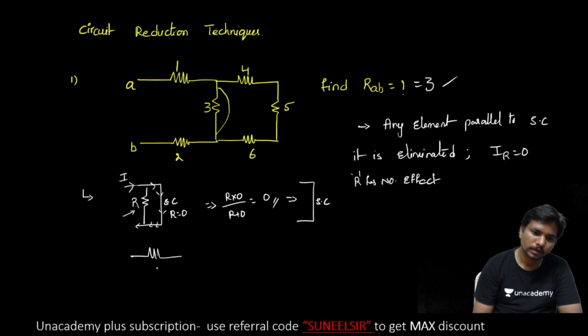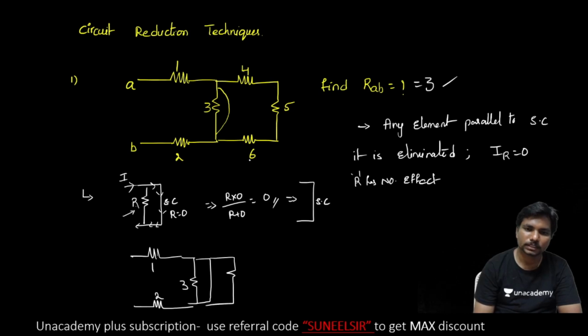So 1 ohm, here 2 ohm, here 3 with a short circuit, here 4 plus 6, 10 plus 5, 15. These two resistors are parallel to the short circuit, so you can eliminate them. Then RAB is nothing but 1 plus 2.